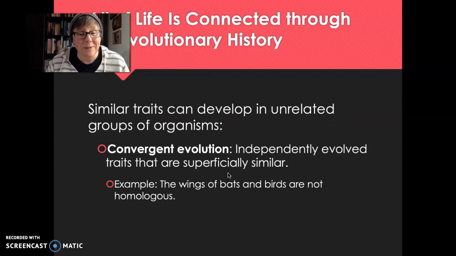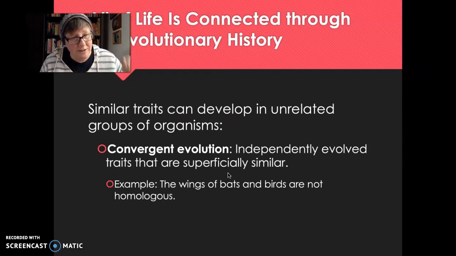But sometimes this can get a little confusing because there's this thing called convergent evolution, where two traits emerge independently of each other, and it's not because they have a similar ancestor. Usually if you have two traits that are similar, it's because there's a similar ancestor.